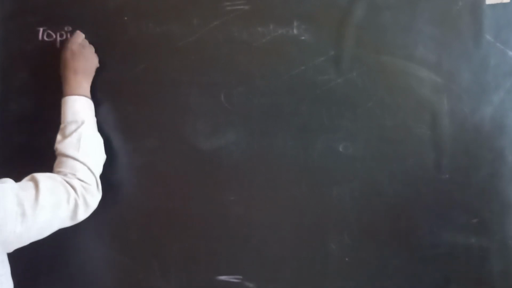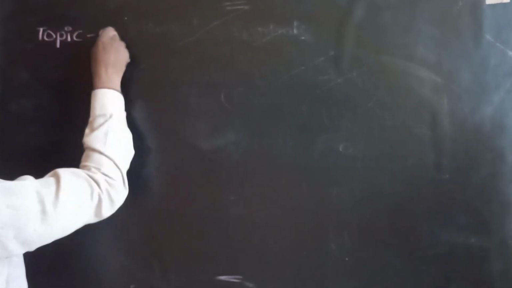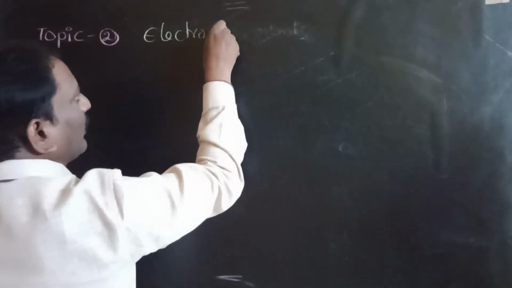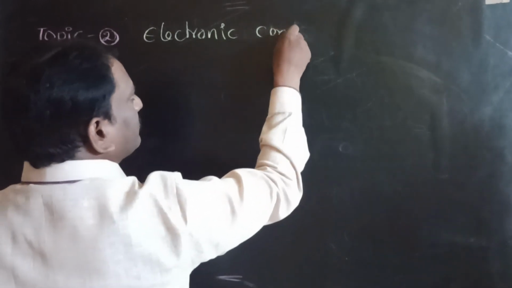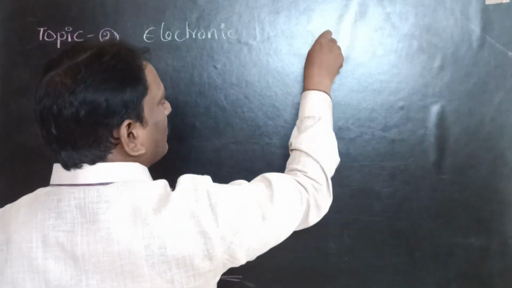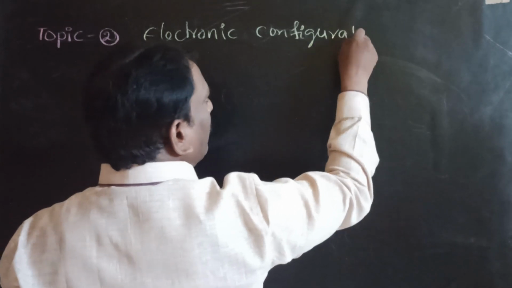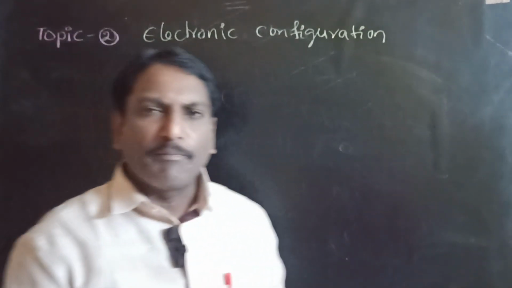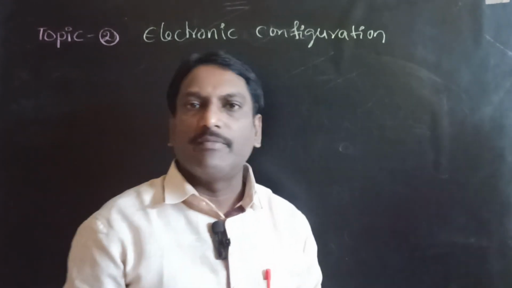Today's basic topic number 2 is electronic configuration. It is one of the basic topics of chemistry.